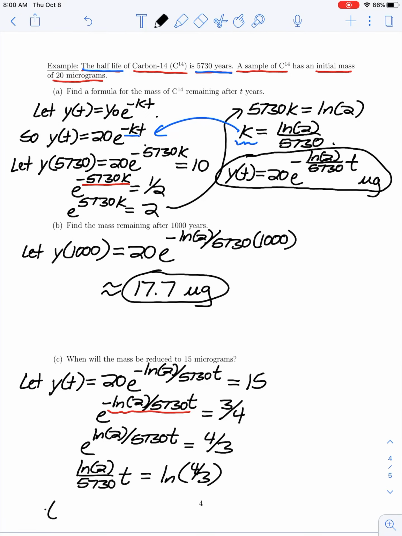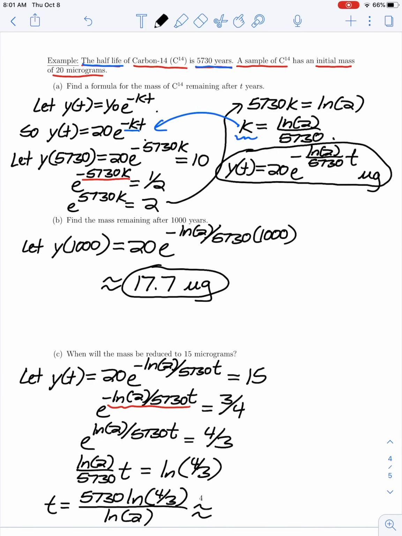So to solve for t, I would multiply both sides of my equation by 5730 and then divide through by the natural log of 2. So this would be the exact time it takes to reach a mass of 15 micrograms. But for practical purposes, we might want to approximate this value, say, to the nearest hour or the nearest year.